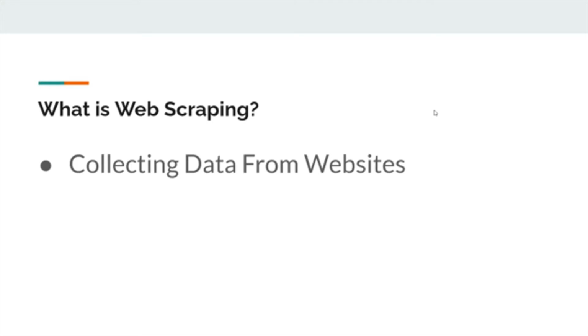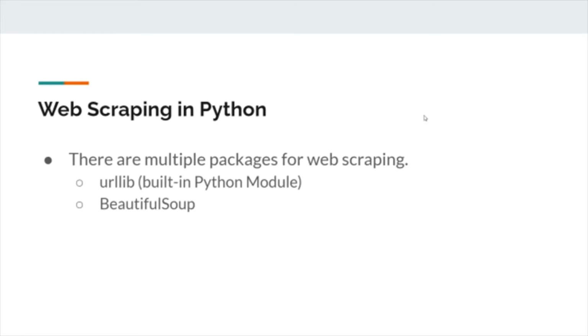Web scraping, in simplistic terms, is collecting data from websites. What happens is you have some sort of function that receives the HTML data from the website, pulls it into Python, and then it is manipulated, optimized, and stored so that it can be visualized or used for other purposes.